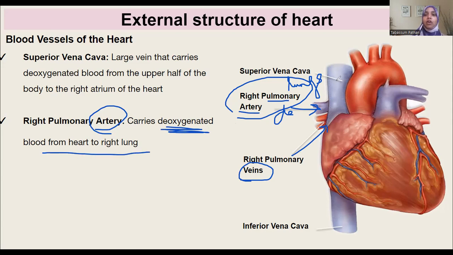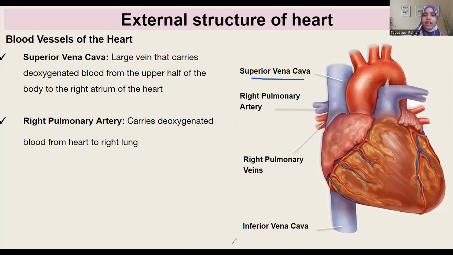So whatever deoxygenated blood has come via the superior vena cava and inferior vena cava, they have brought it to the heart. Now right pulmonary artery will take the deoxygenated blood from the heart and give it to the lungs for purifying.